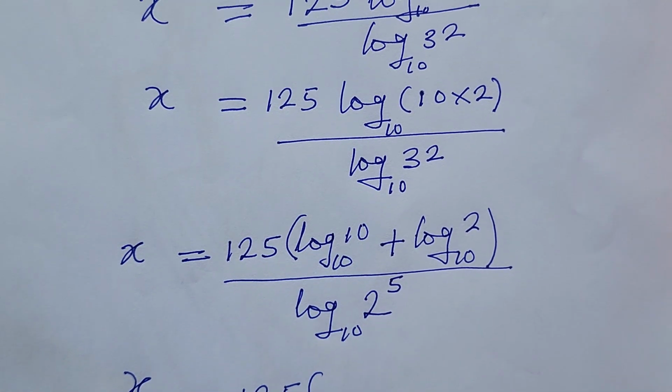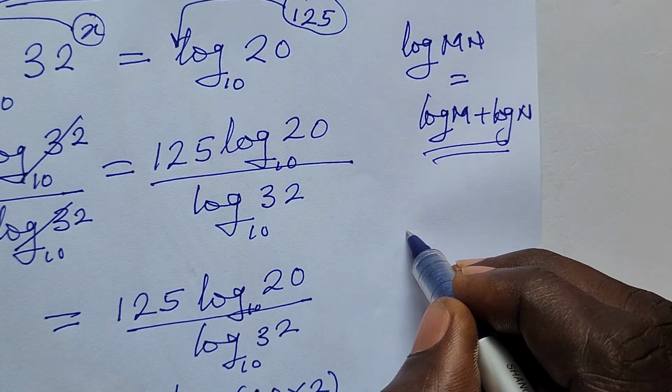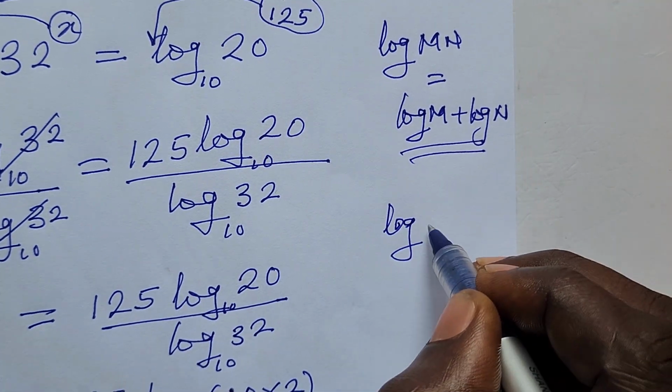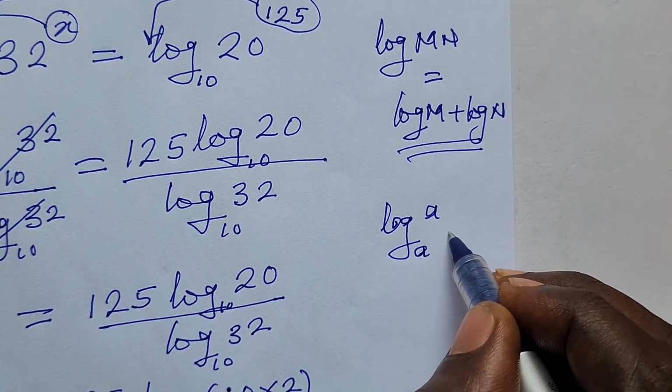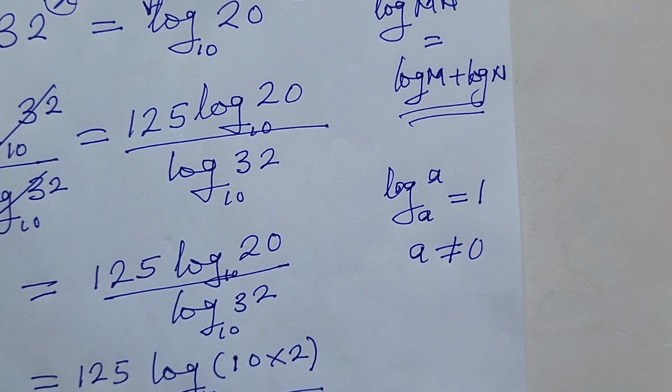Now, log 10 base 10 will give us 1. You remember that law? The law says that log a base a will give us 1, provided a is not equal to 0.